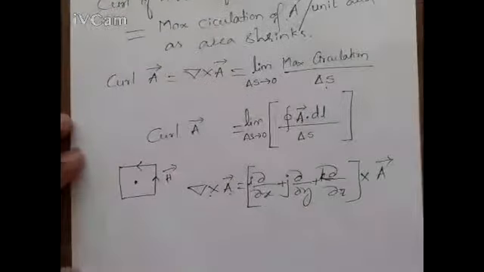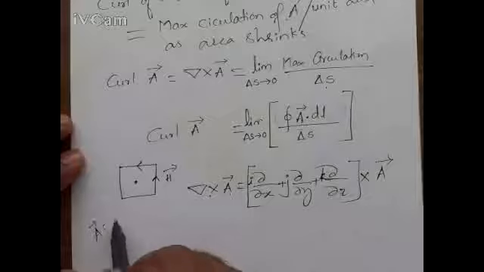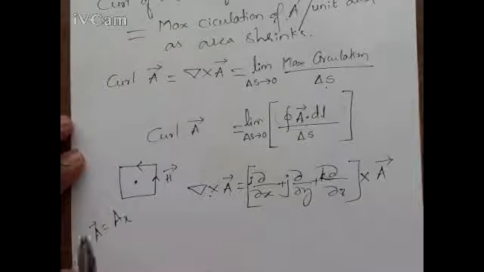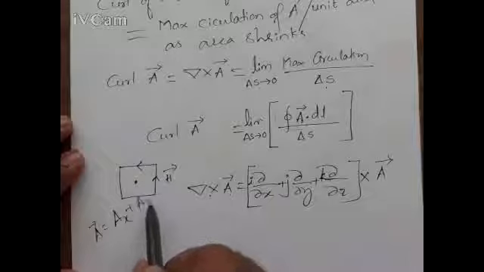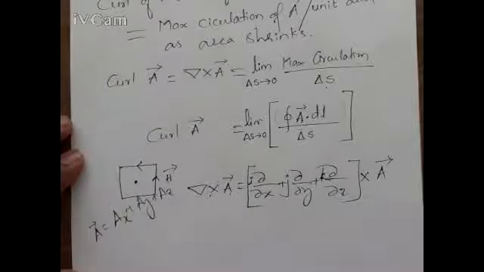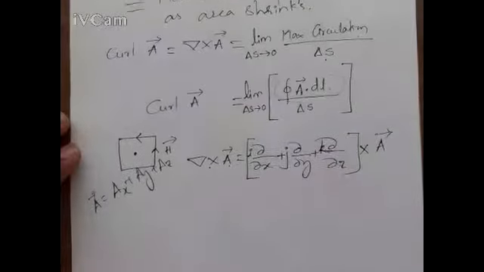So what is A? A is nothing but its x component plus its y component plus its z component. So this is the vector A.